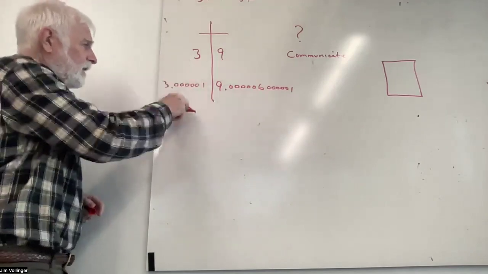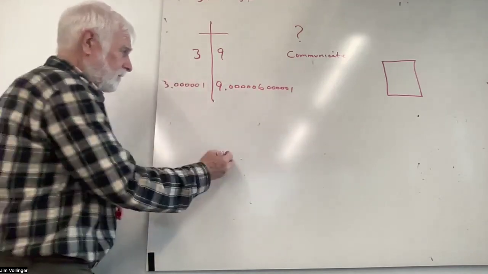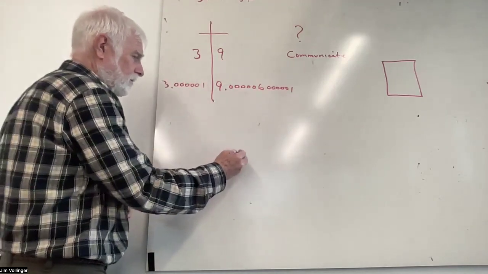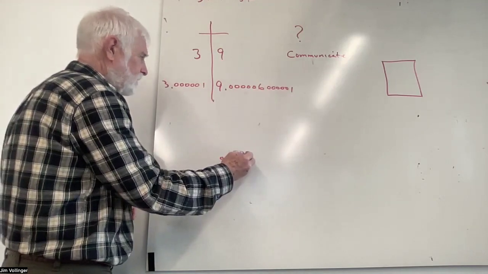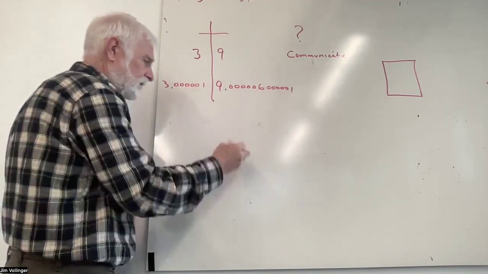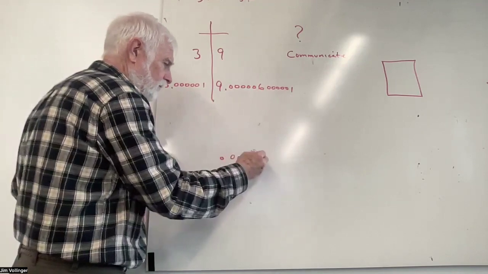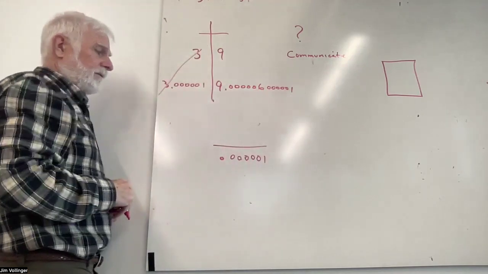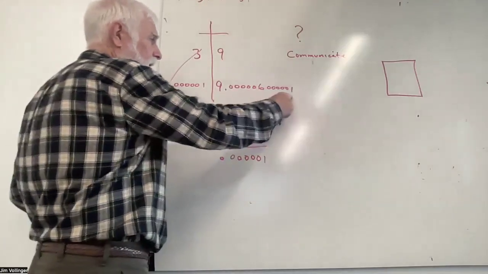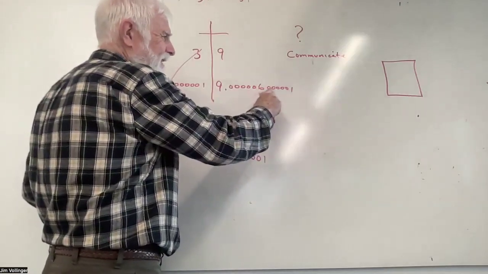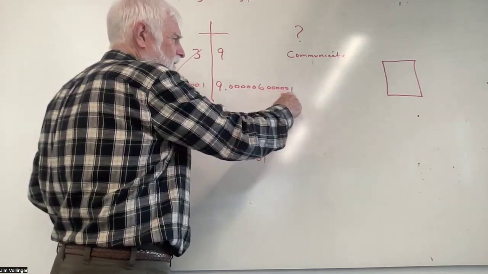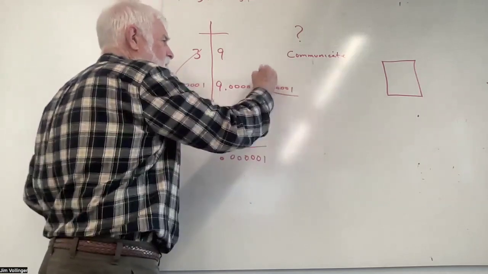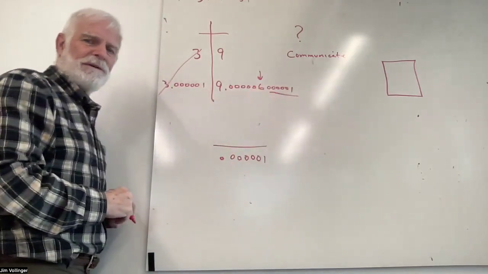Now, what's the change? I think the change is 0.000001. That's the change in x, because the 3's are going to cancel. The change in y is 0.000006000001. This is really a million times smaller than that digit place.